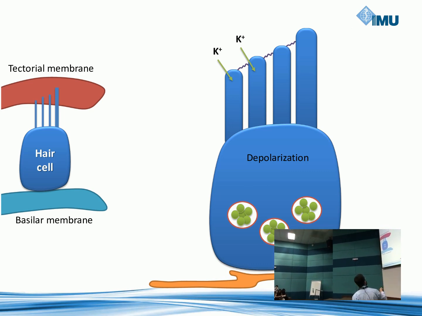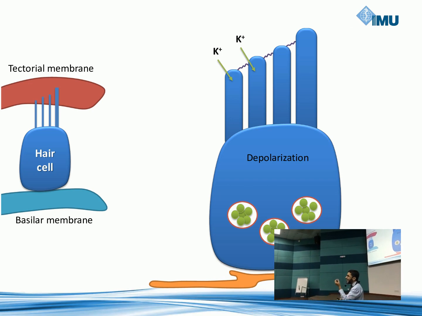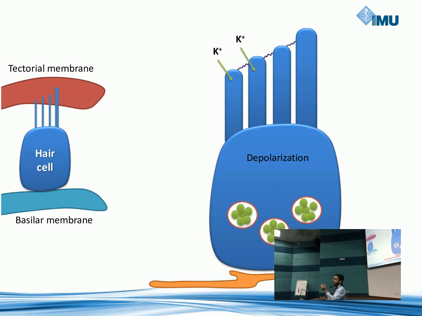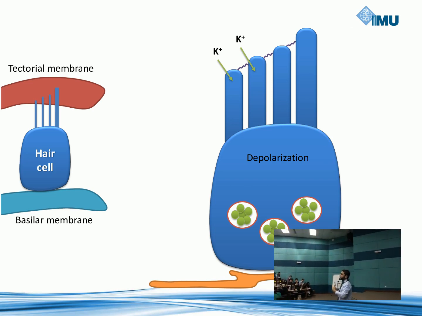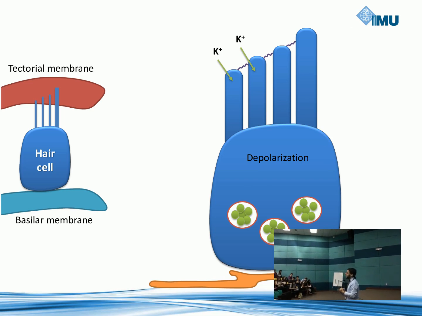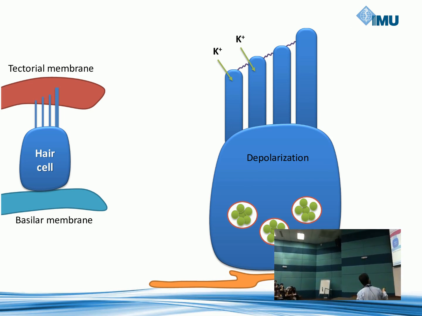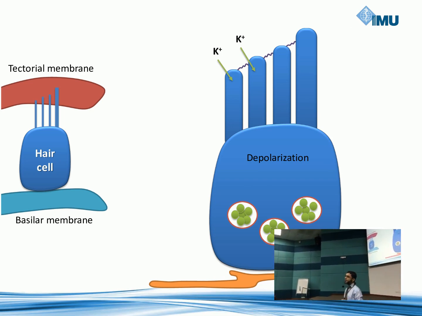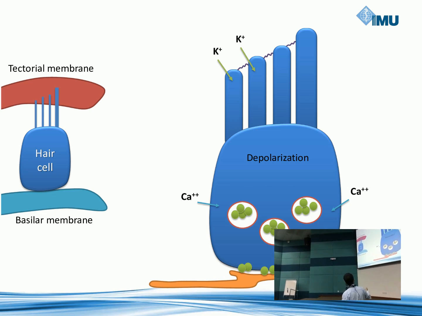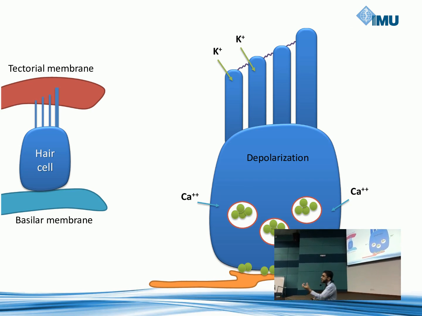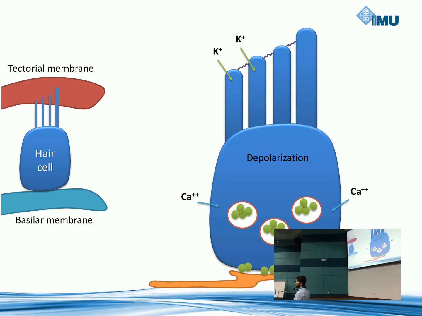When these stereocilia bend, there are mechanical potassium receptors. They open on bending of stereocilia and allow the potassium to go in. When potassium goes in, it causes calcium to enter the cells. When this calcium enters, it causes the vesicles to release the neurotransmitter.